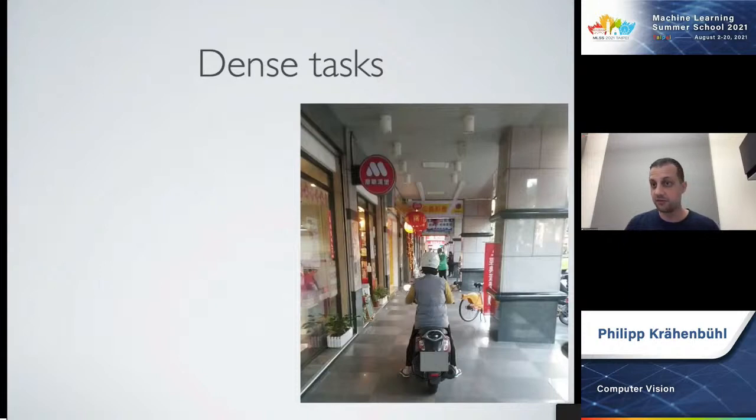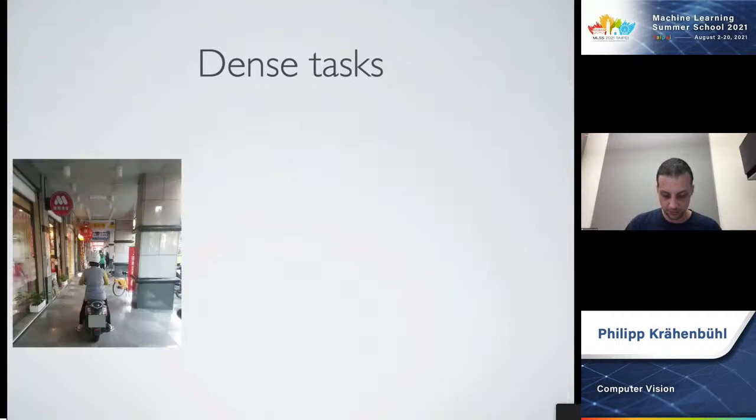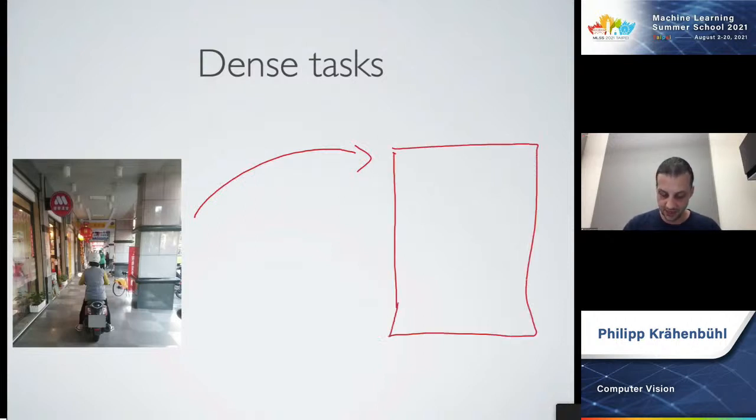And then finally, a very popular dense task is image generation. We're just going to look at two here, which are super resolution and image compression. We look at these two because they fit in the nice framework of dense tasks, which is that we start out with an image, and what we want to produce is an output of the same size as the image. But now each pixel is associated with either a classification output, some sort of regression target, or a color value that you want to produce.